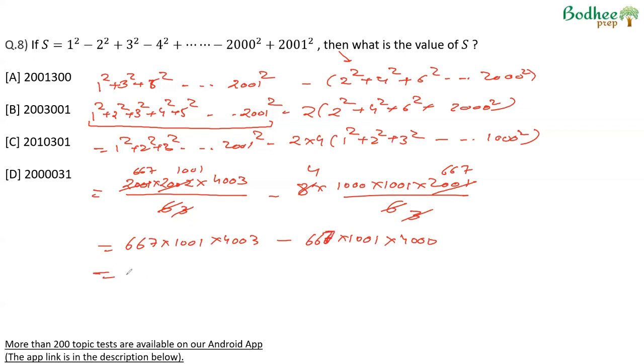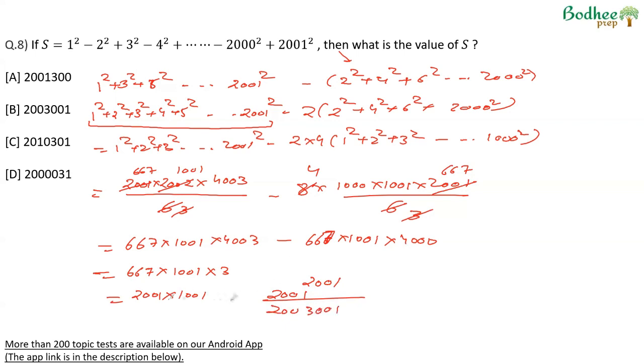We can take the 667 common and 1001 goes, 667 into 1001 into 3 into 4000 minus 4. 667 into 3 is 2001 into 1001. This will be nothing but 2001 into 1001.